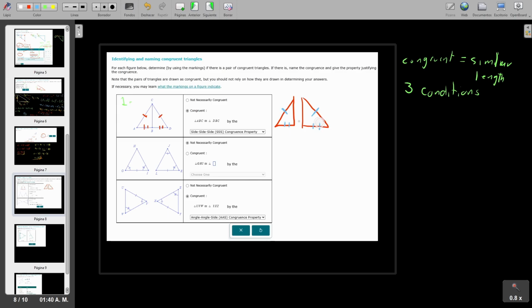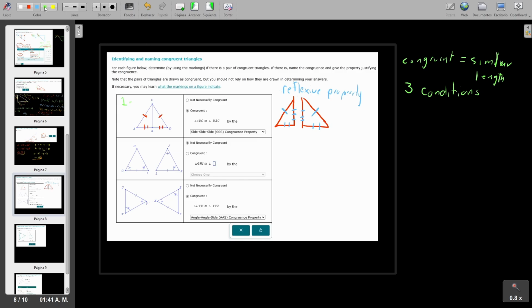But as they are together, next to each other, we can say that these two are similar. Why? Because of the reflexive property.